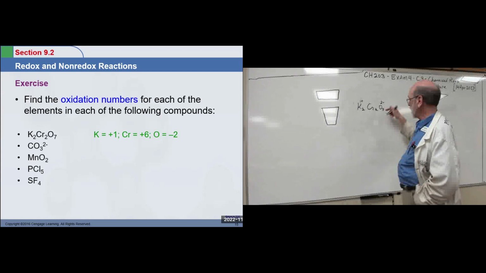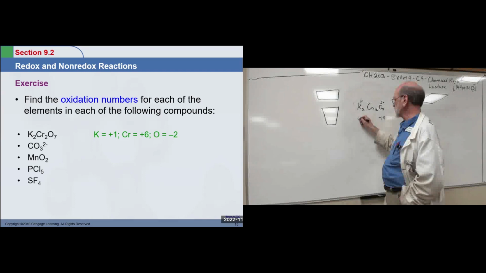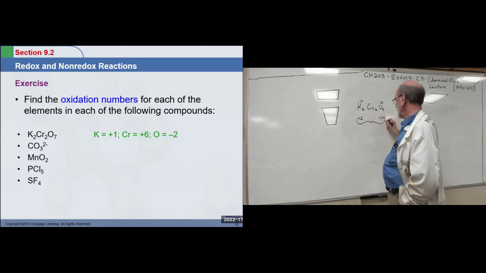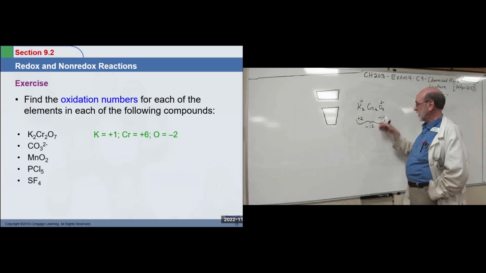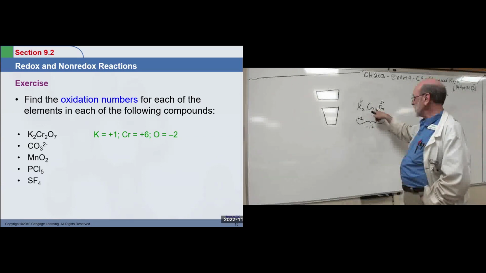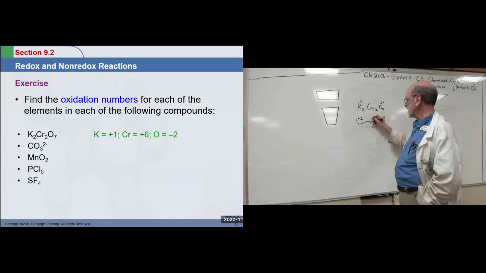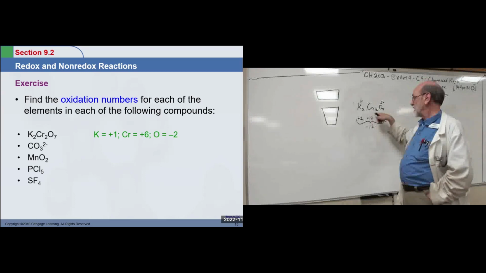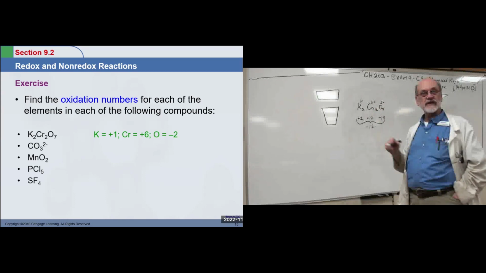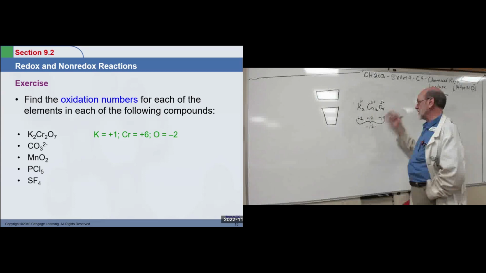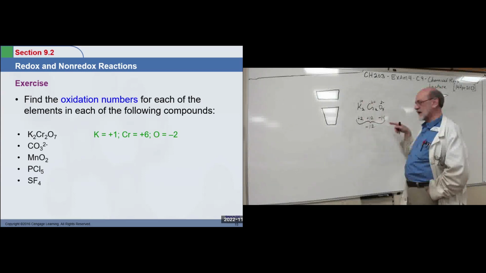So 7 times -2 is -14, and 2 times +1 is +2. This would be a -12, right? So that means these 2 chromiums must total +12, so each one of them has to be only 6+. If you add them together, you find out that that's equal to 0.